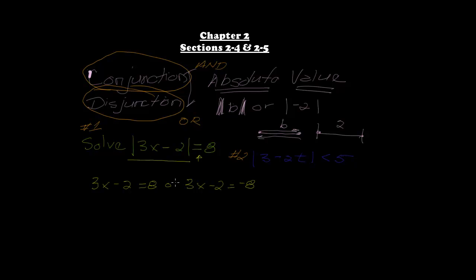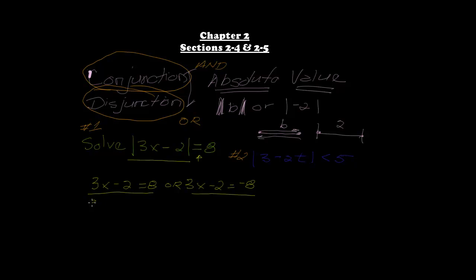And that is where we come up with an or. Because what is inside here could be negative, which is the expression on the right-hand side, or this could be positive, which is this on the left-hand side.